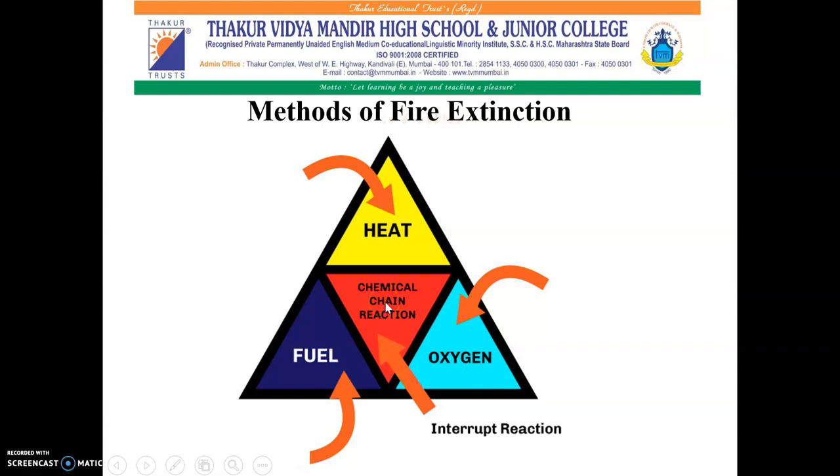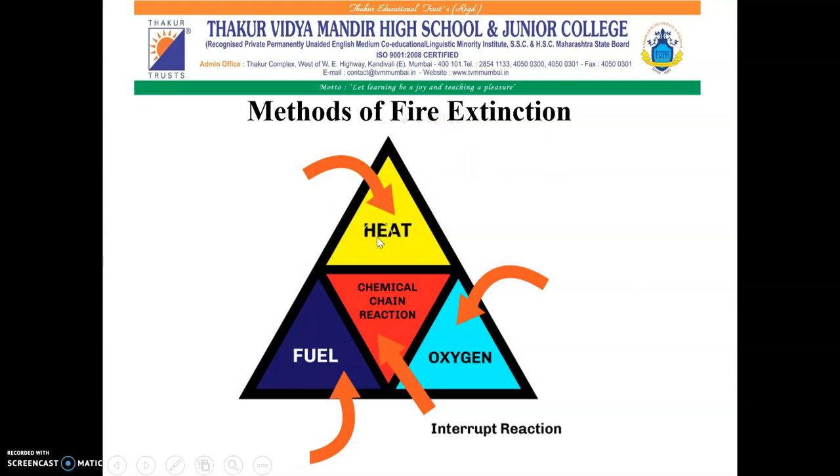Fire is a chemical reaction where oxygen in the air reacts with the different types of fuel. Say for example, wood. It is also a fuel, but simple exposure of wood to oxygen in the air does not ignite fire. What else is required?